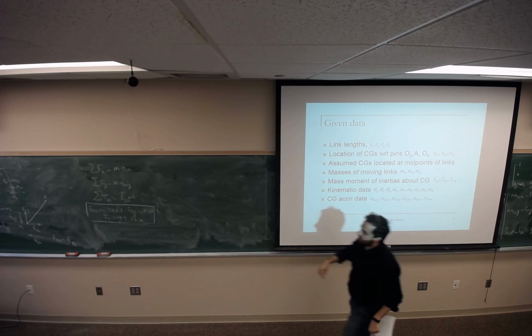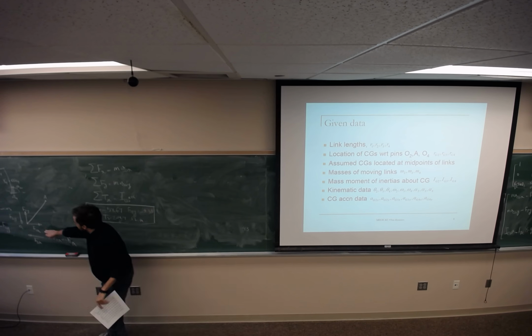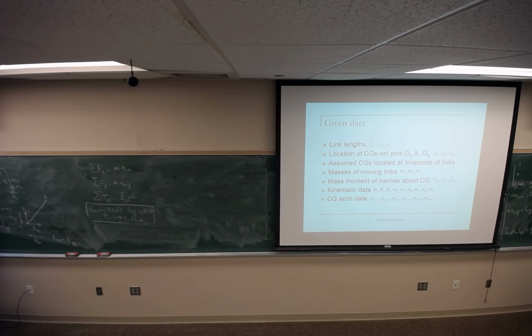So if this is the force coming from the ground applied to link 2, at point A there is some force coming from link 3 applied to link 2, F32x and F32y. So I have point A and point O2.